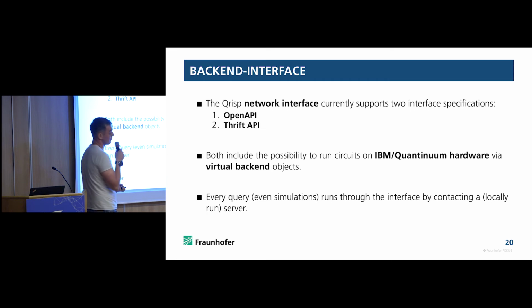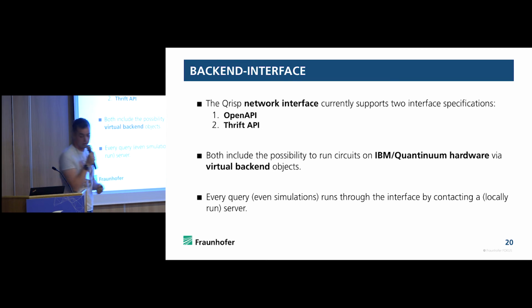And this interface can be quite handy because imagine the situation where you have a circuit which requires a lot of power, and you don't want to run it on your laptop, but your university has a very powerful computer. Then you can very easily set up a Qrisp server, connect to it via the network interface, and just use Qrisp as usual, and all your simulations will be performed on your powerful machine.